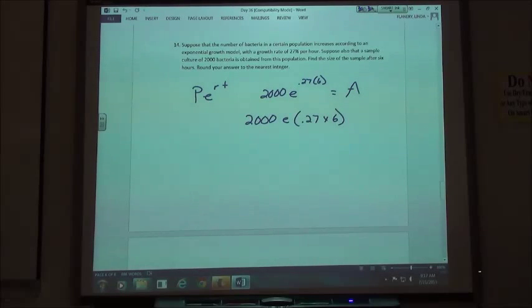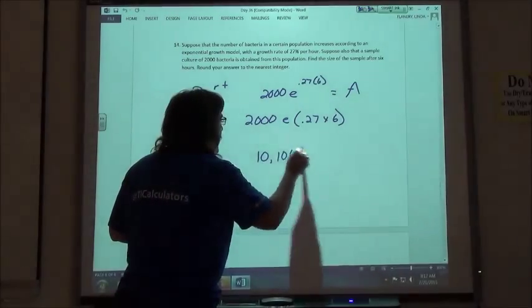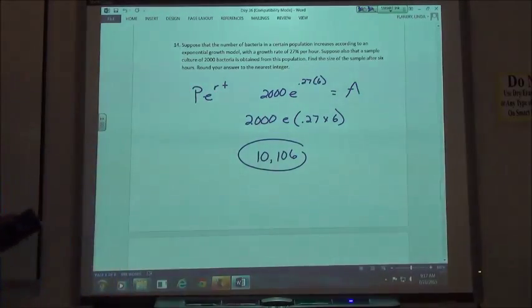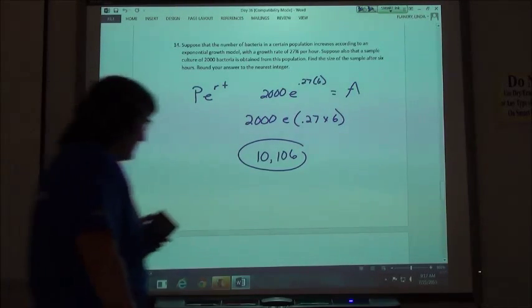And so to the nearest integer we are getting 10,106, exactly. So we started with 2,000, and after 6 hours we're already up to 10,106.